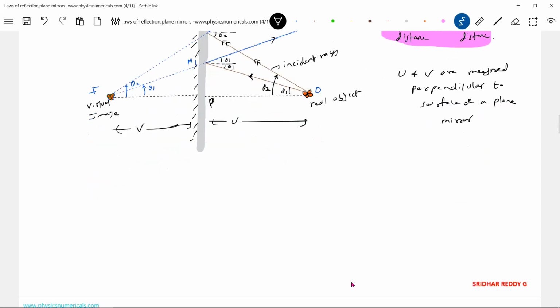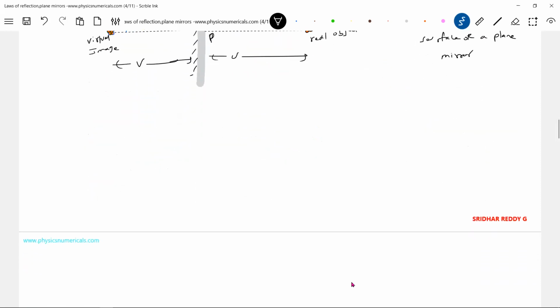Can I do it by another method? Yes, if you want, you can do it by another method. Suppose instead of this is a mirror, let me keep an object, and the corresponding image will be here.